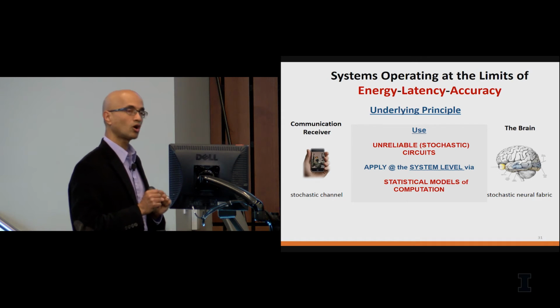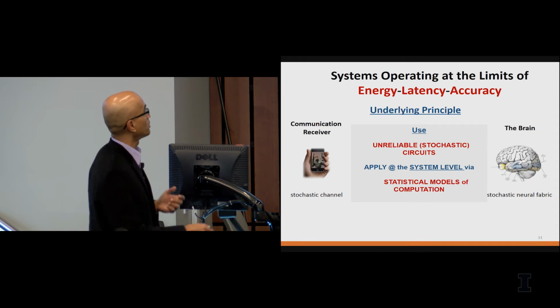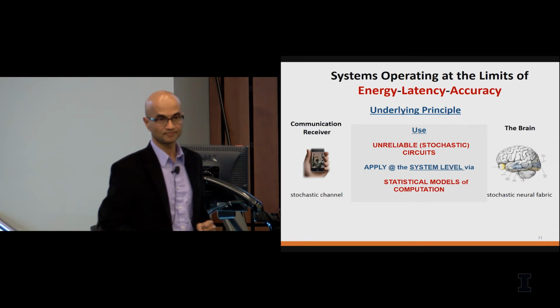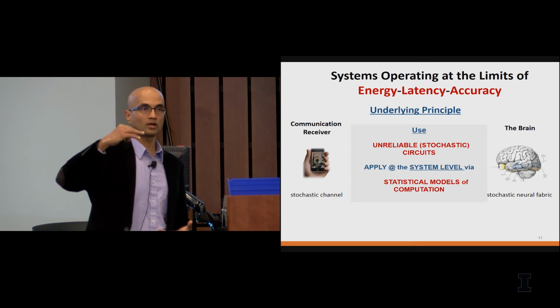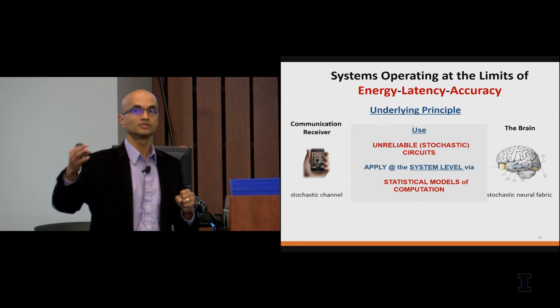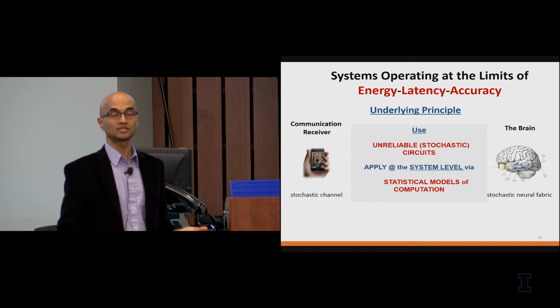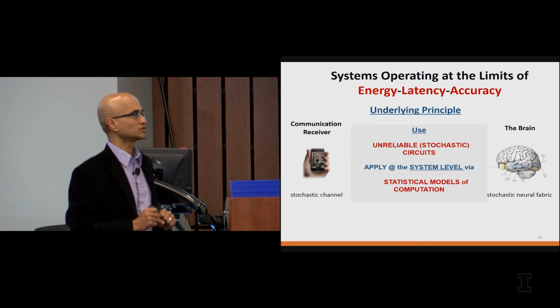That is, the building blocks should be allowed to behave unreliably, but we use models of computation. We use our knowledge of what information we are interested in and what the end user is interested in, and use mathematical techniques to compensate for those errors, right?